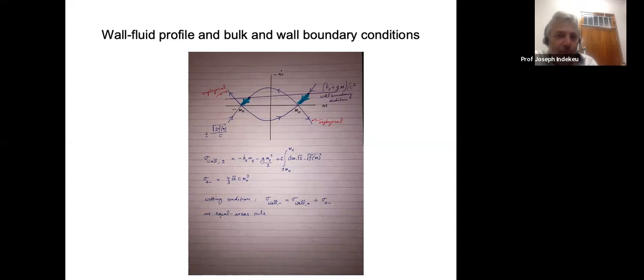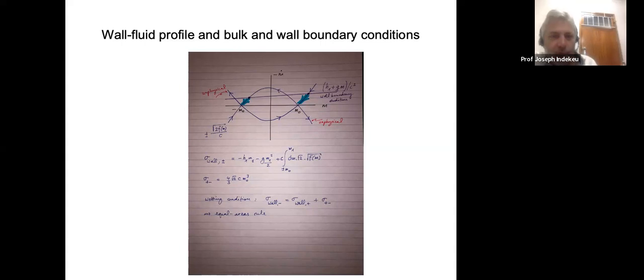So if we do that, we would obtain an optimal profile that satisfies the wall boundary condition and hopefully also the bulk boundary condition. But if we want to satisfy the bulk boundary condition, we must specify it carefully. If we want to satisfy the minus m0 bulk boundary condition, then we must follow the leftmost heavily colored trajectory.